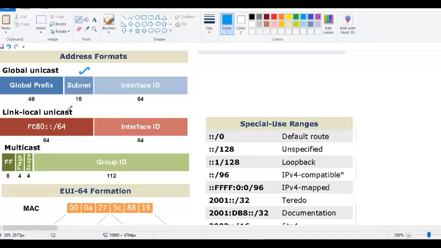You can compare the global unicast address to a public IP address in IPv4. For your understanding, I'm saying this. It is like a public IPv4 address.